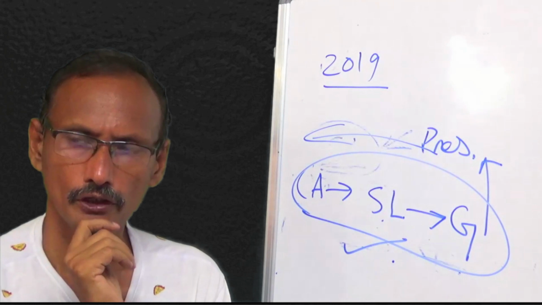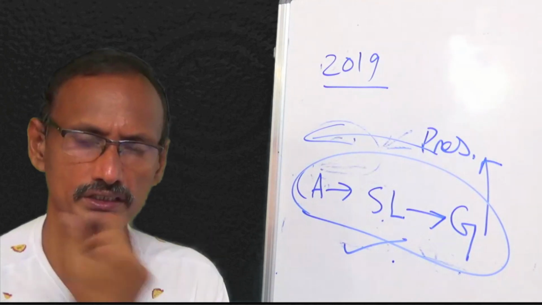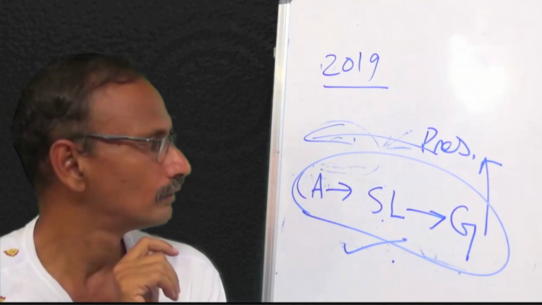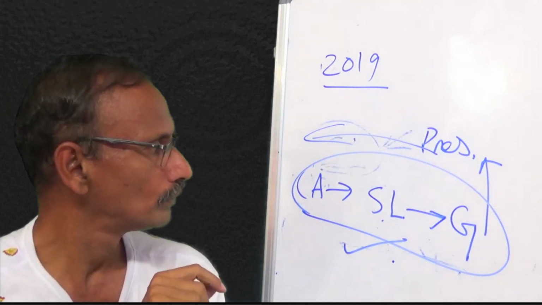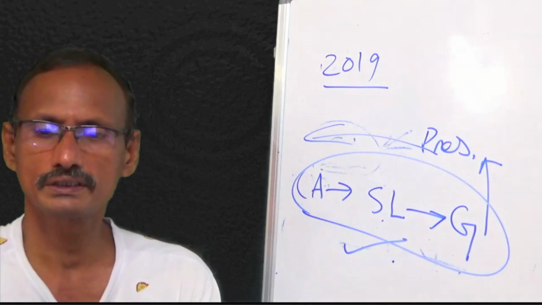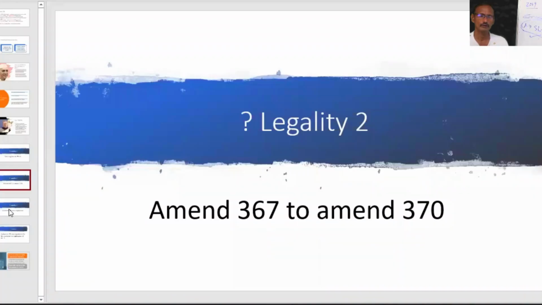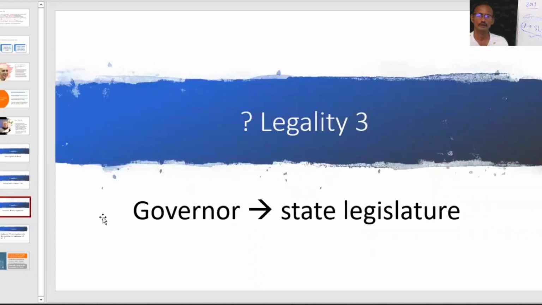And removal of special status cannot be an urgent matter. So linking this is another issue. So making the governor's recommendation the state legislature's recommendation is another issue.